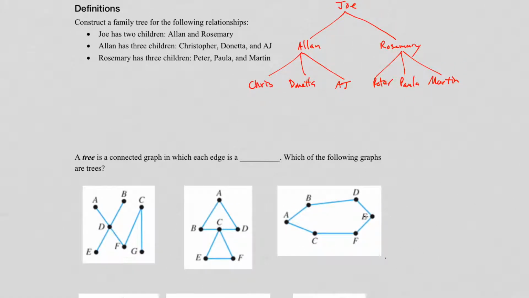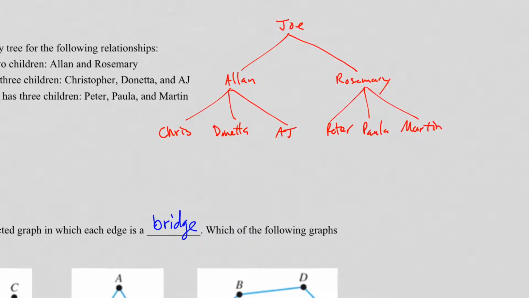Now, what we just created there in the family tree is a connected graph in which each edge is a bridge. Okay? So if we go back up to this, remember the definition of a bridge is that if you remove an edge in the graph, you create a disconnected graph or disconnected vertex.